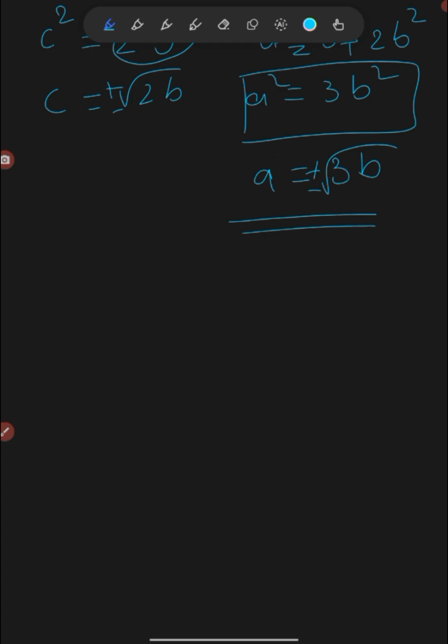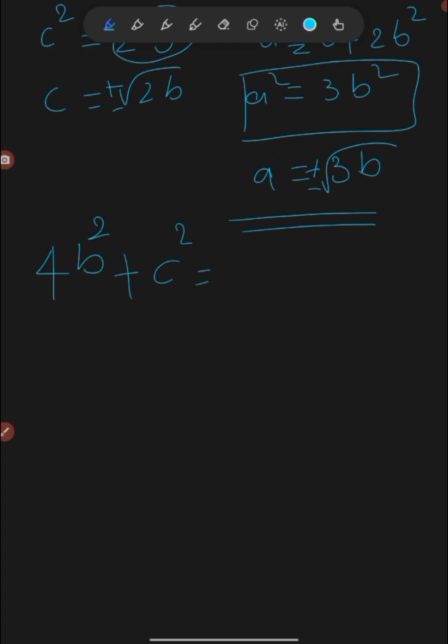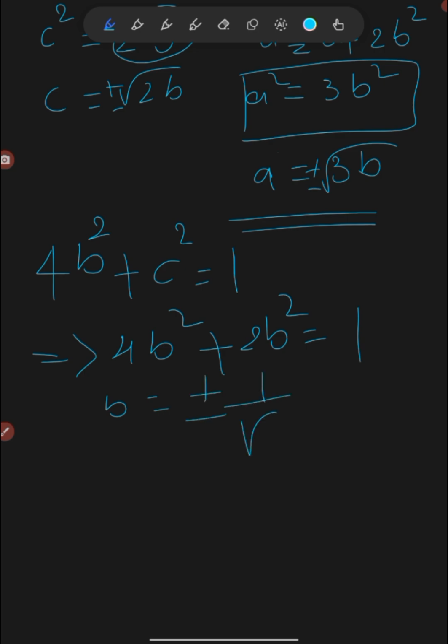And you can take the next equation to find the next variable, 4b square plus 2b square equals 1, so b equals plus or minus 1 by root 6.